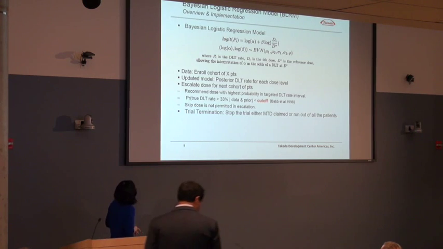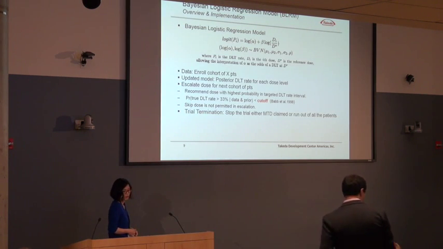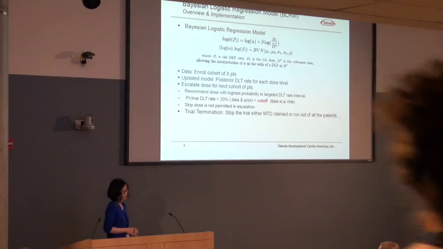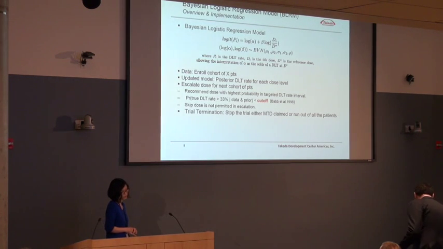So the model is really a two-parameter Bayesian logistic regression model, where alpha and beta are assumed to have a normal distribution. The prior development is an important piece as well, but the publication has already laid out the methods for the prior development, so I don't want to belabor that.